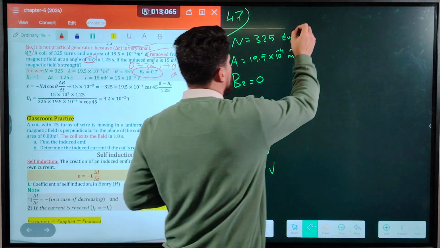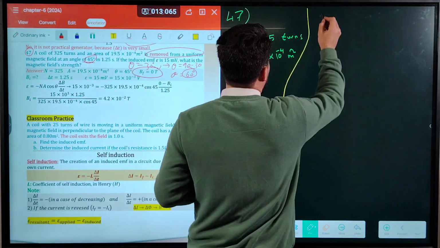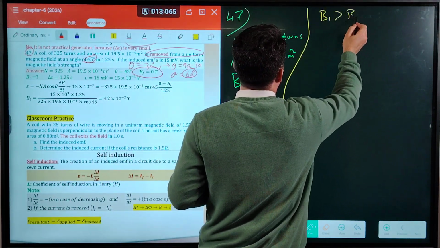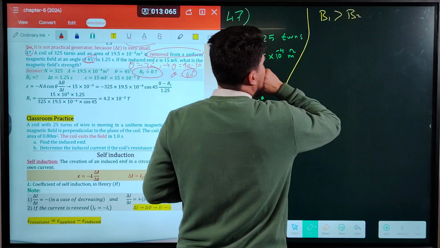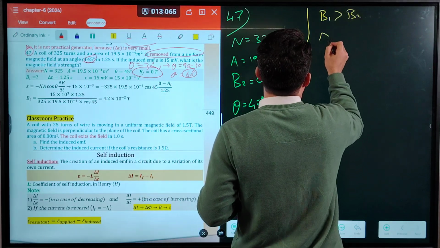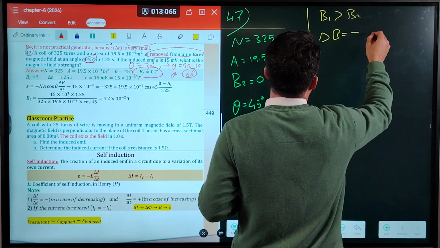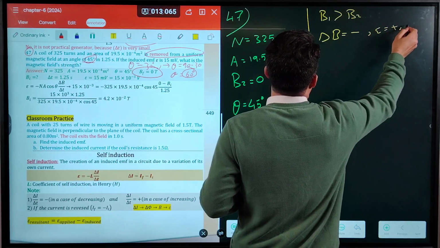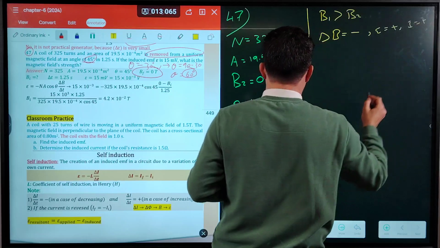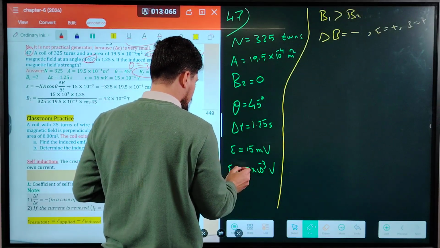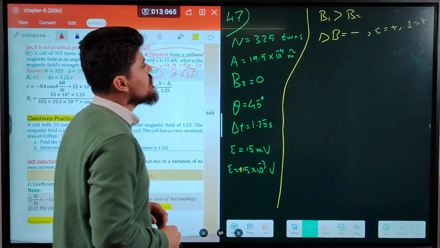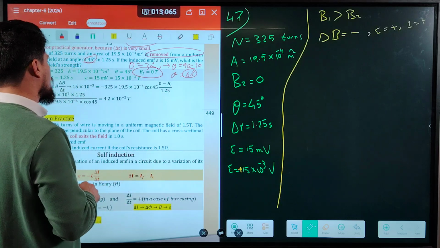When B2 is 0, it means that B1 is bigger than B2. When B1 is bigger than B2, delta B decreased. When delta B decreased, delta B becomes negative. EMF is positive, current is positive. So this EMF should be positive. Why? Because the magnetic field decreased.